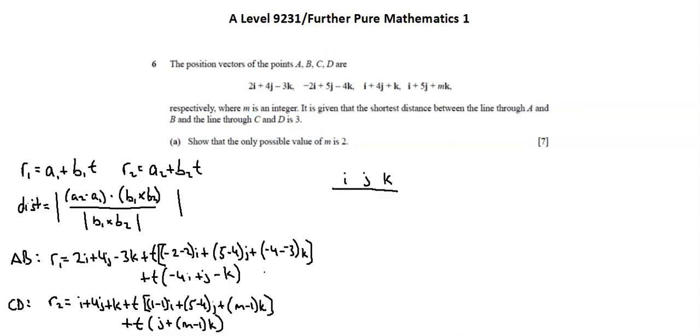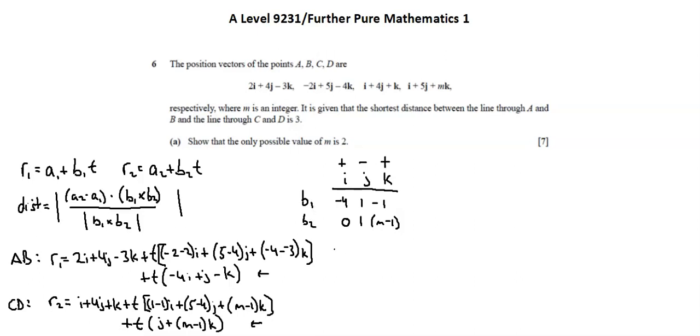These values are coming from the direction vector for r1 and the direction vector for r2. i, j, and k for the direction vector from r1, negative 4, 1, negative 1, and the same for r2. i is not there, that's a 0 value, 1, and quantity m minus 1. I'll label these for reference as b1 and b2.